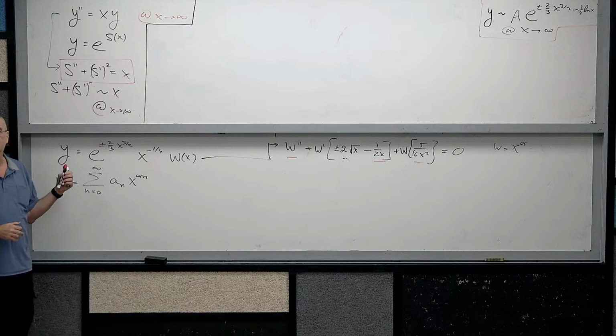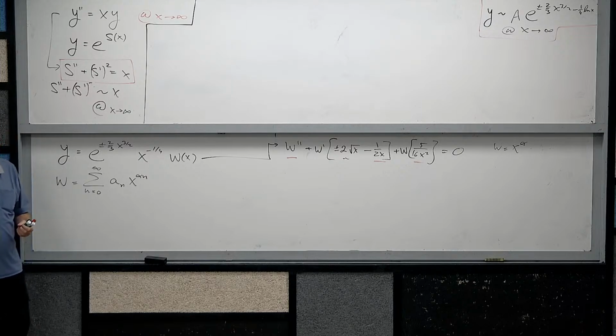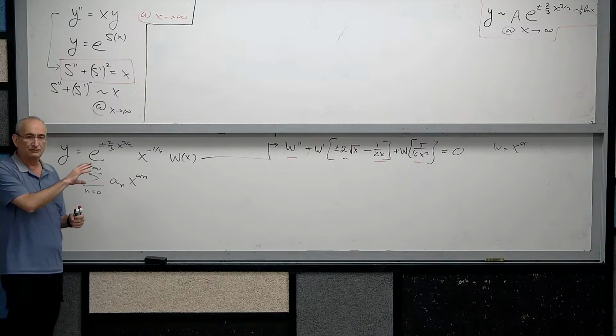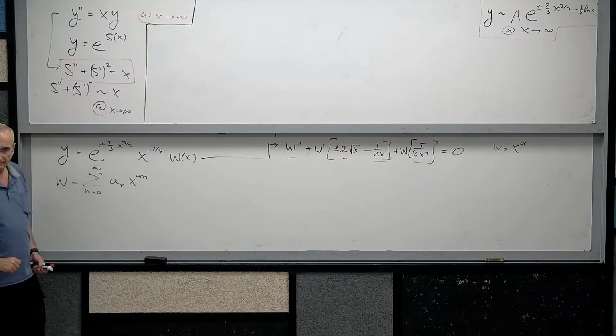Right? Not integer powers. And I will see what will happen. Of course, I'm doing that because I know that this will help us. But again, I'm trying to make a point that will emerge from this calculation. Okay?